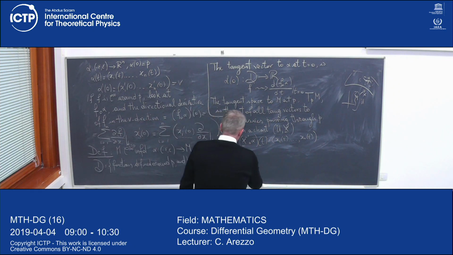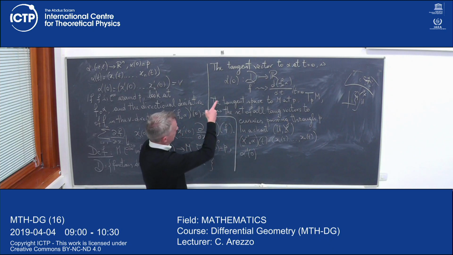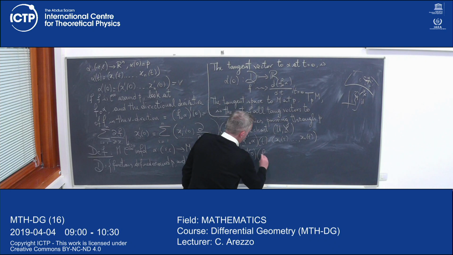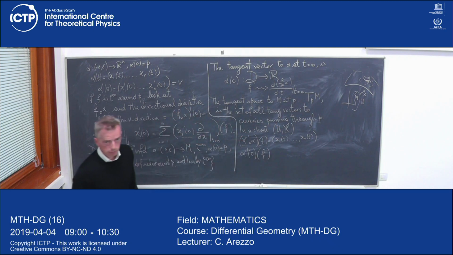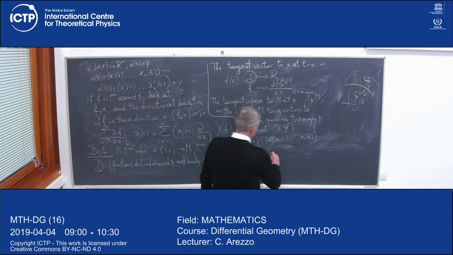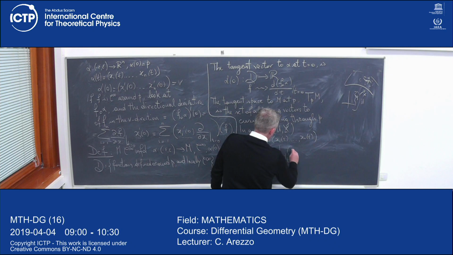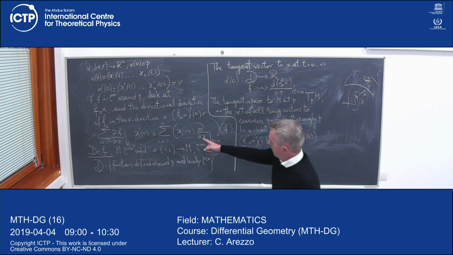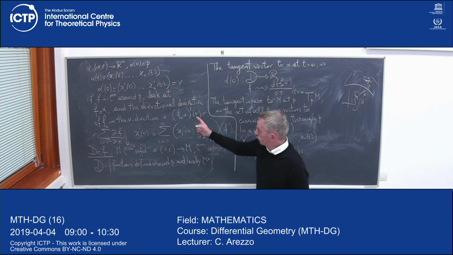And so now, if I'm asking what is alpha prime of 0 acting on the function f, okay, well, the only thing I have is the definition. This is d/dt at t equal to 0 of f composed alpha. But now, I played this game, so I know already what it is. I don't repeat this computation.